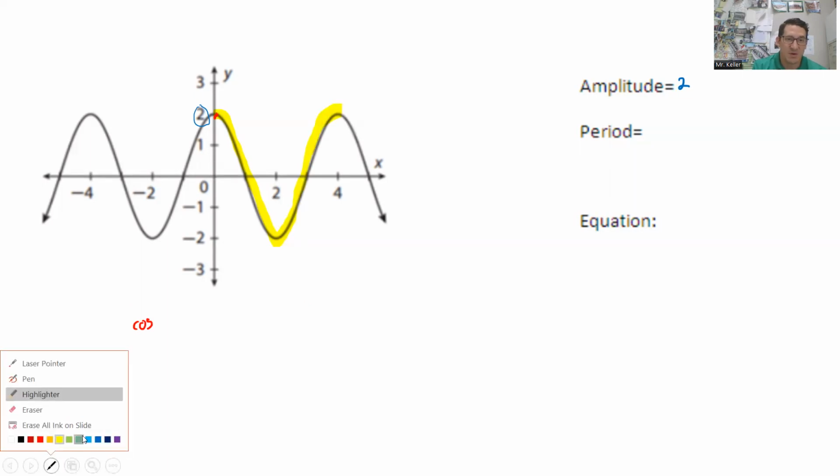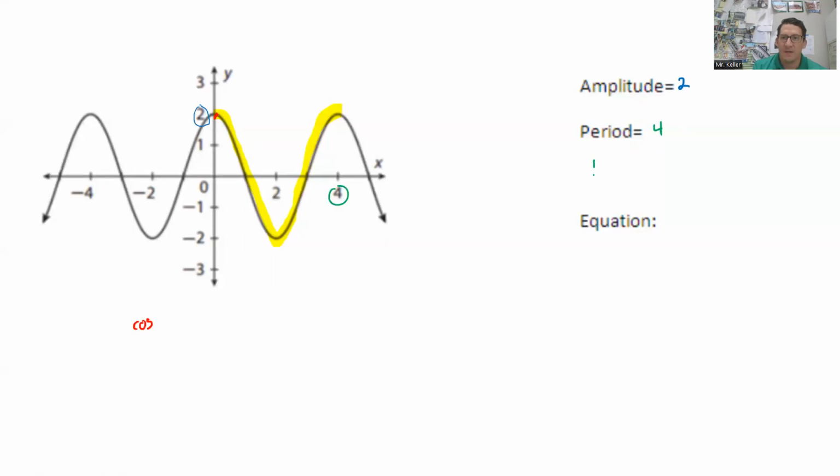So this has a period of 4. So period is 4. We need to use that to find the b value. B is 2 pi divided by the period. So 2 pi divided by 4. 2 over 4 reduces to pi over 2.